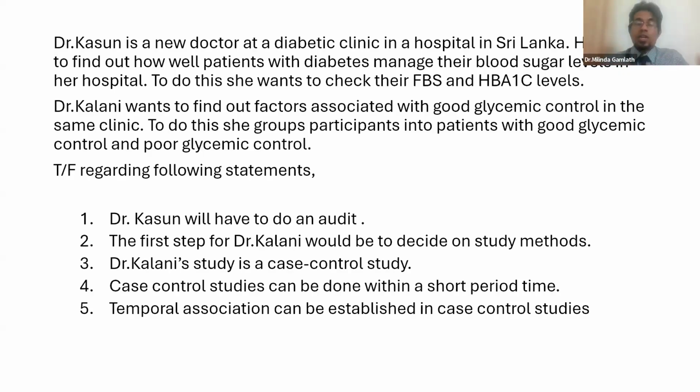There are so many other factors which contribute to blood sugar levels. So this is basically an example of a research. What she's doing here is a research. This is not an audit because she's not comparing with any standard procedure, any protocol, any checklist, nothing like that. So this would be false. I hope that's clear.